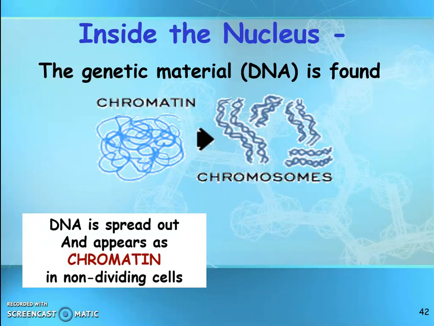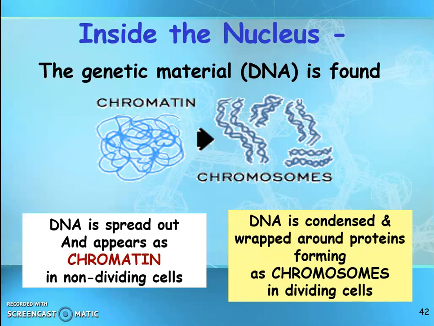DNA appears as a thread-like structure called chromatin, especially in non-dividing cells. In cells which are not dividing, the DNA appears in the form of a long condensed thread, which we call chromatin. When the cell starts dividing, the DNA is condensed and wrapped around proteins, forming a chromosome.